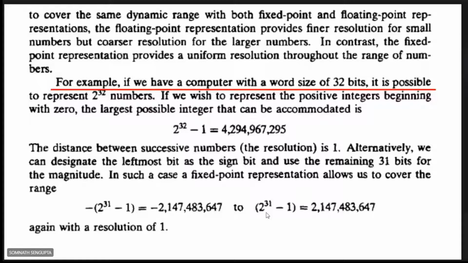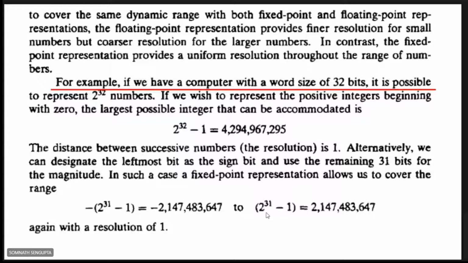It is 0 1 1 1. That means it is 2 to the power 3 minus 1, isn't it? Excluding the sign bit, the remaining 3 bits are magnitude, so we consider only the magnitude, 2 to the power 3 minus 1, that is 7, plus 7.